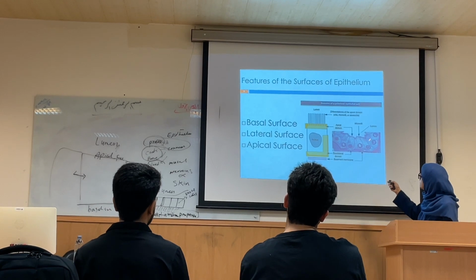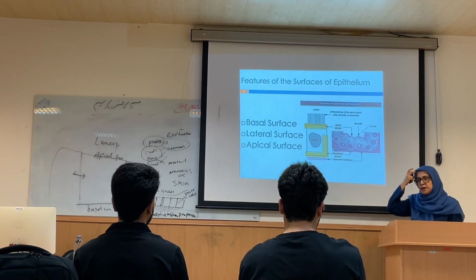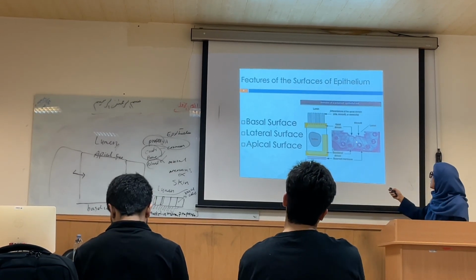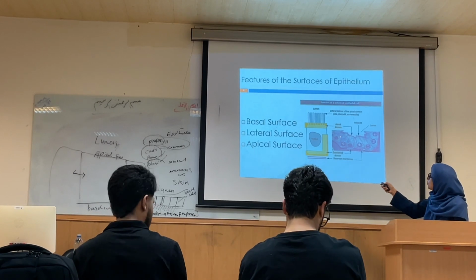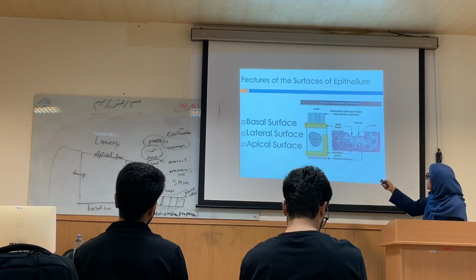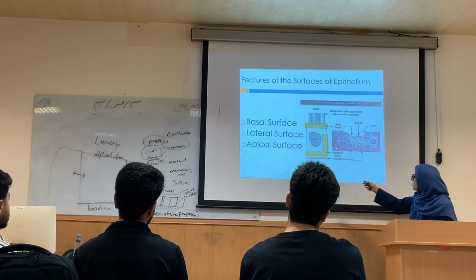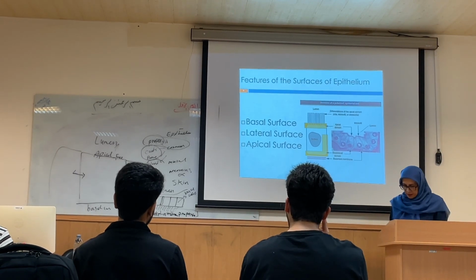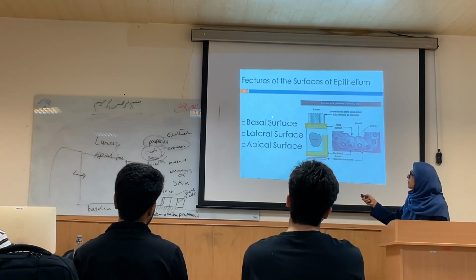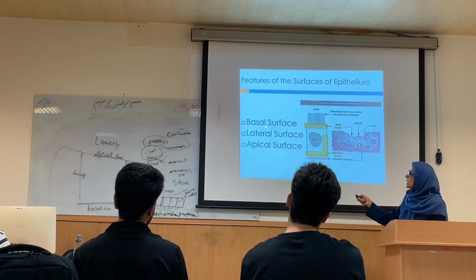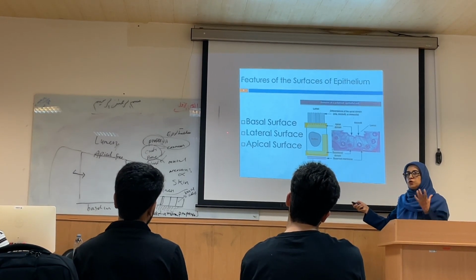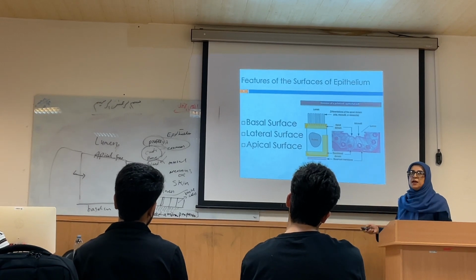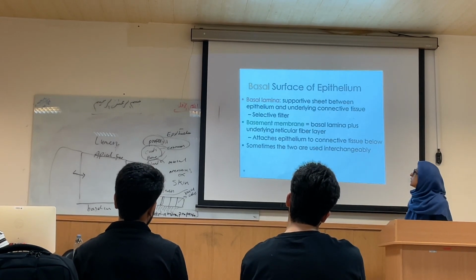Here, this picture shows the renal tubules, where the cells are located adjacent together, the cell membranes, all of them located on the lamina propria and attached tightly together. But now we want to know about the structures that are in each surface, which are useful or necessary for the function of the epithelial cells.